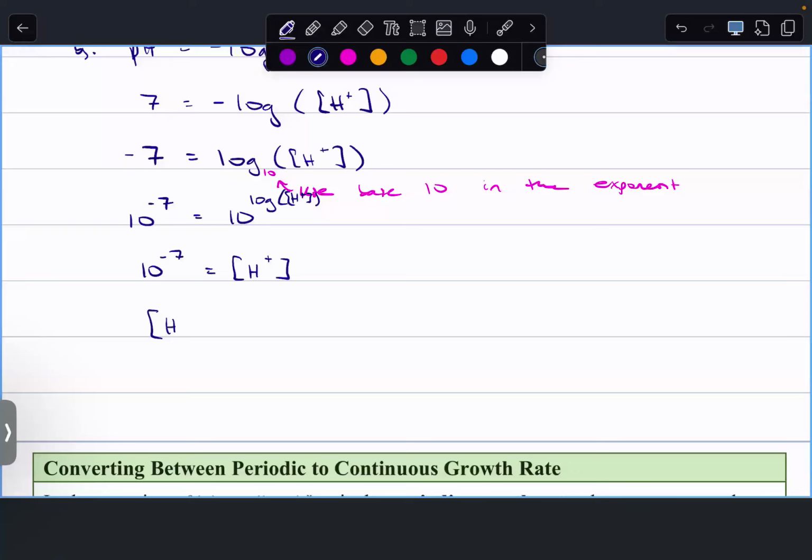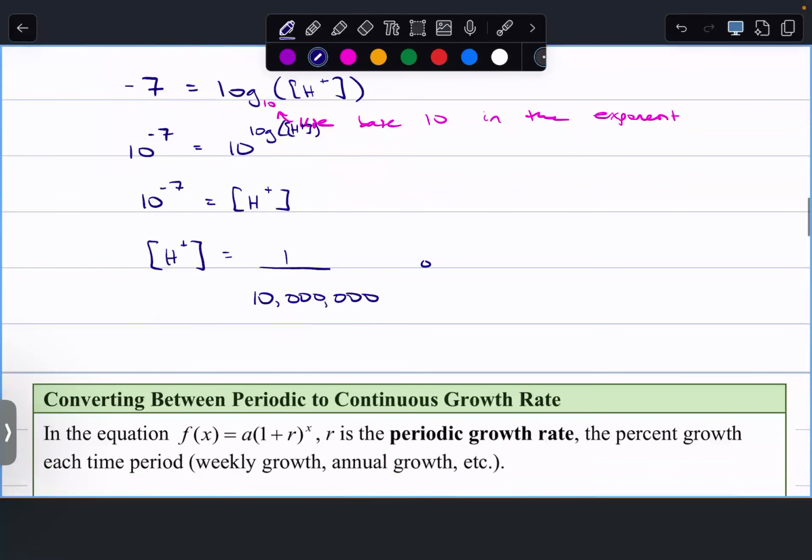So the hydrogen ion concentration is very small, 0.0000001, 1, 2, 3, 4, 5, 6, 7. Right, 10 to the negative 7 is the same as 1 times 10 to the negative 7.